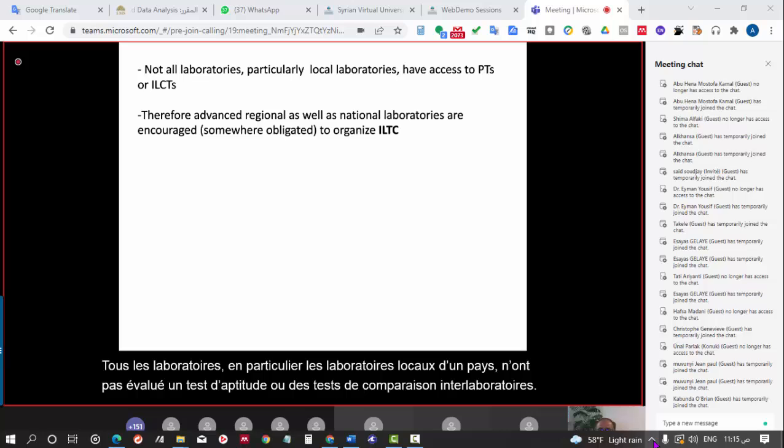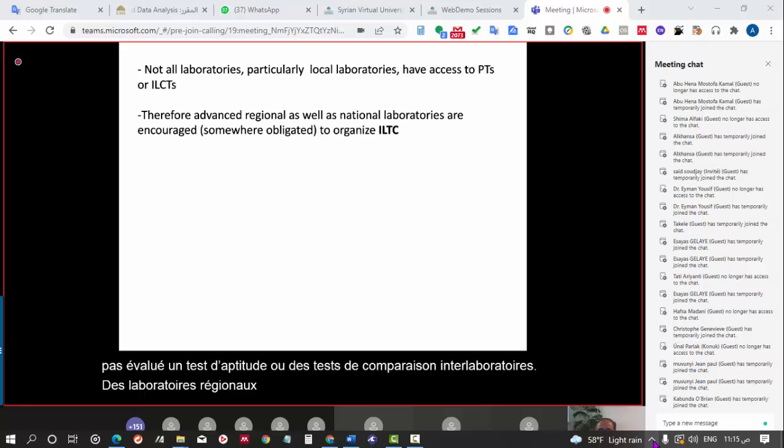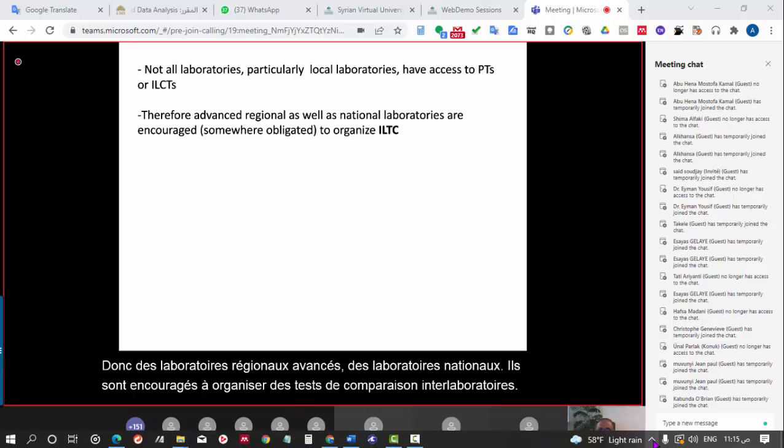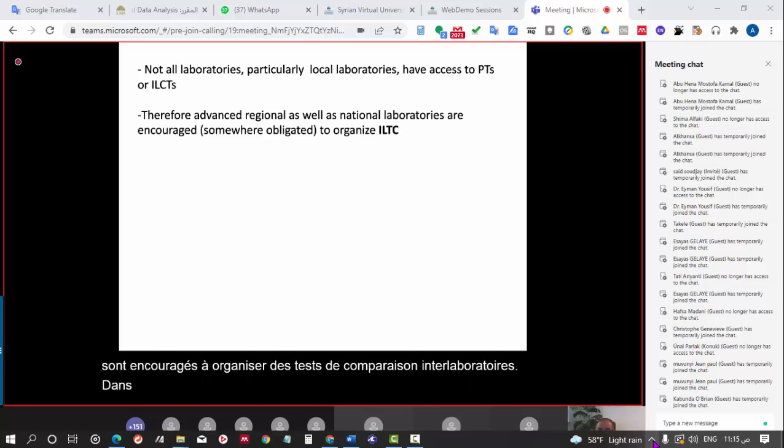So advanced regional laboratories like national laboratories are encouraged to organize inter-laboratory comparison testing. In some countries, national reference laboratories are obliged to organize comparison testing for other laboratories within the country.